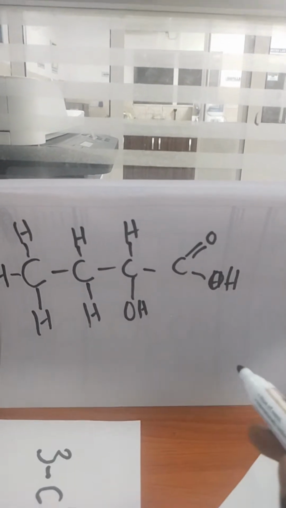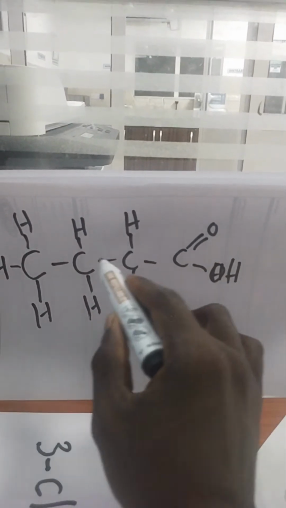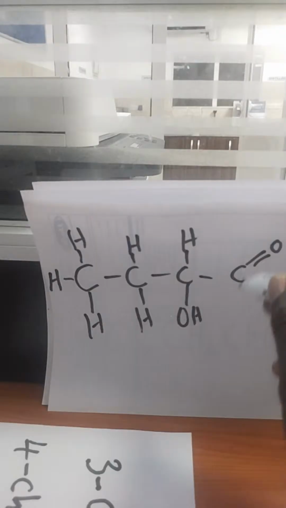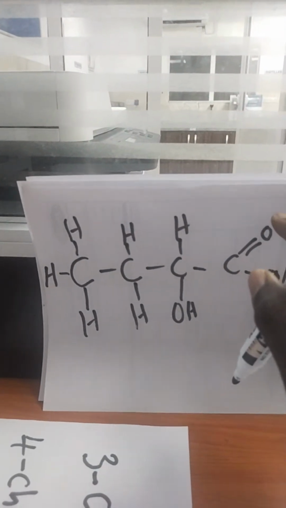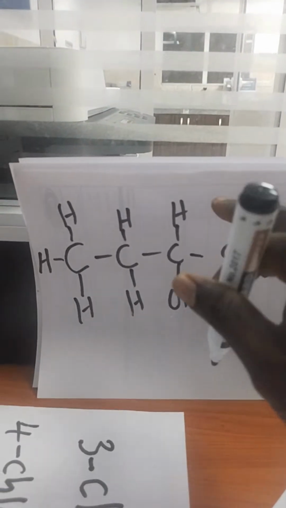So what would the name be? Priority will be assigned based on this 1, 2, 3, and 4. Now I think you understand where we are going. So the name of this compound will be 1, 2. I can see Glorious is already writing the name for me.